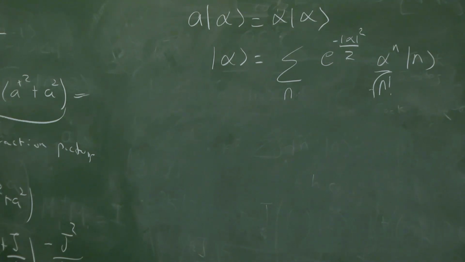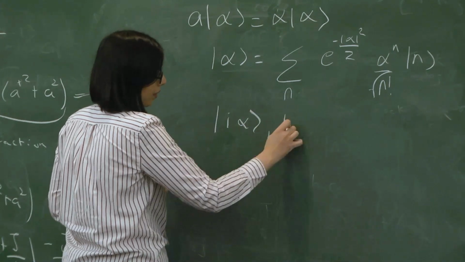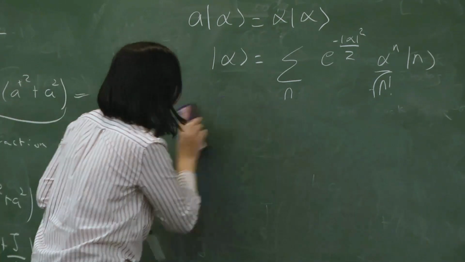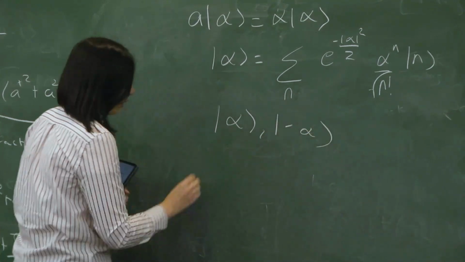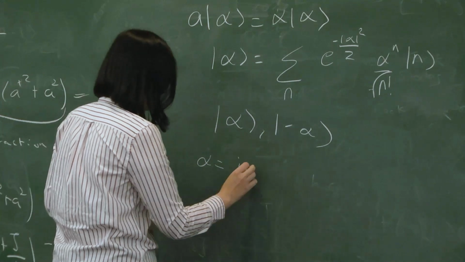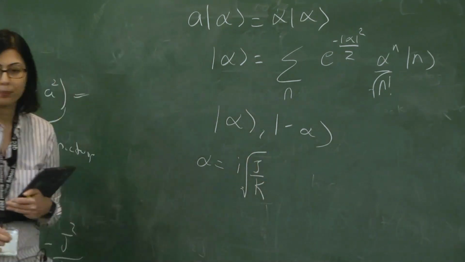Okay, so if you now notice, there'll be two coherent states, alpha and minus alpha, where alpha is i times the square root of j over k.